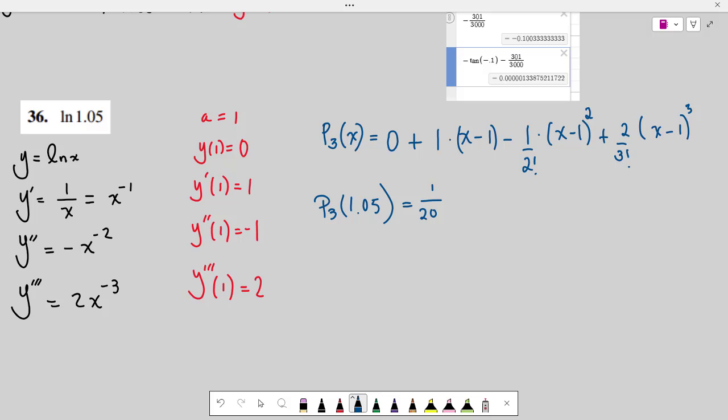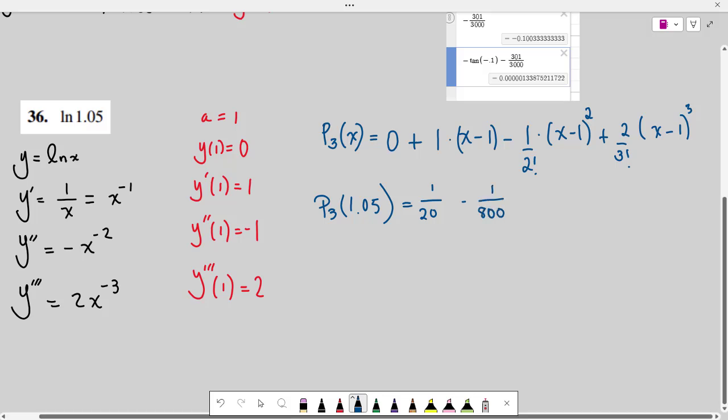So that's coming from here. So then here, again, 1.05 minus 1 is 0.05. 0.05 is a 20th. And if we square a 20th, we get 1 over 400. But then if we multiply 400 by 2, we get 1 over 800.